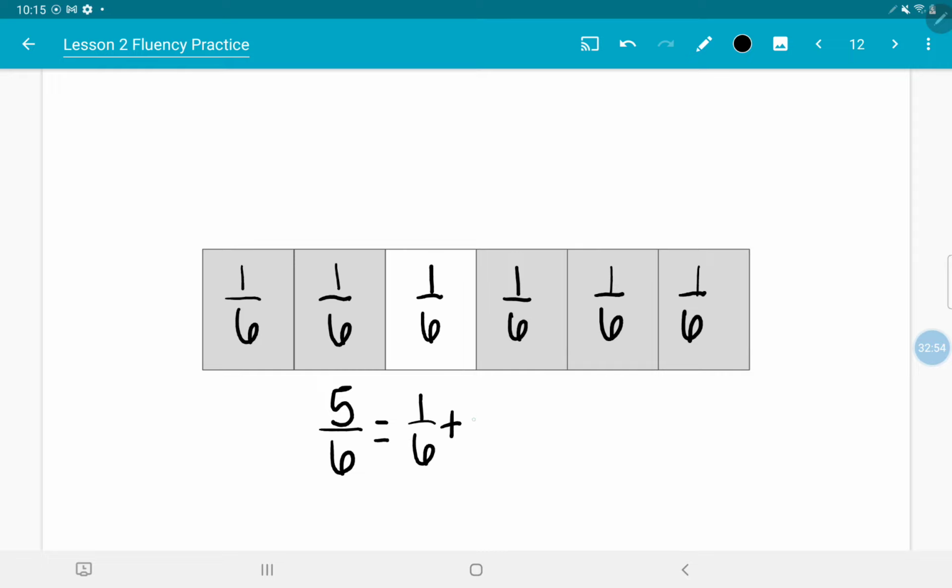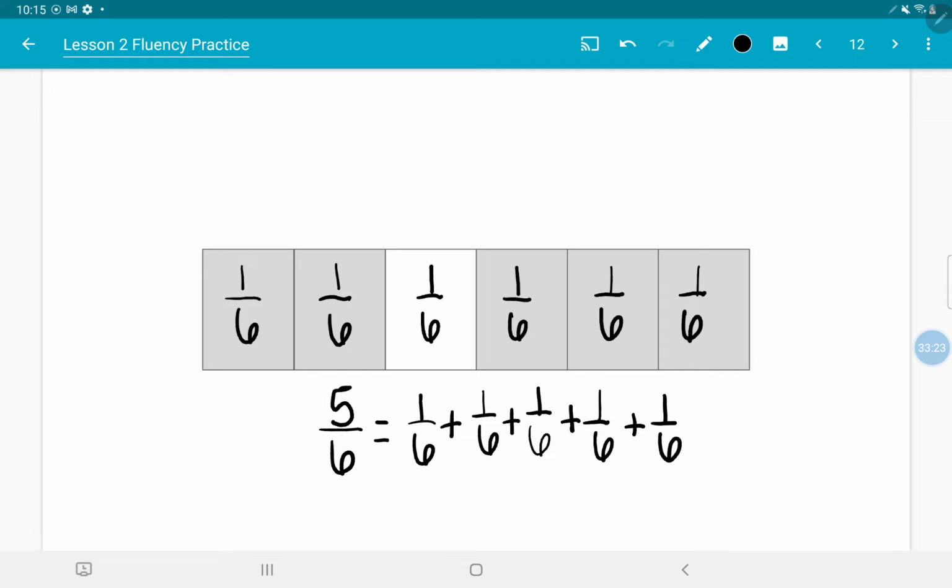Sum of unit fractions means each one of them has to be a unit. You told me the unit fraction is 1/6. How many of those do I need to repeatedly add? 5. 1/6 plus 1/6 plus 1/6 plus 1/6 plus 1/6. I need to add 1/6 5 times.